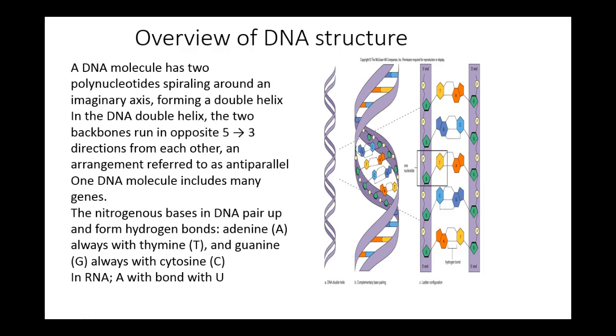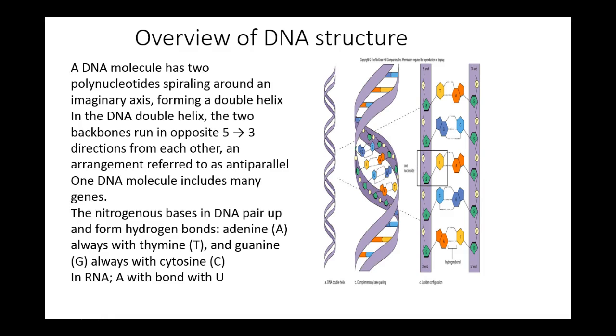Here is your double helix, which is your DNA molecule, with the sugar backbones in opposite 5-3 directions. They're actually antiparallel, where one side will have a 5 at the top, the other side will have a 3 at the top.